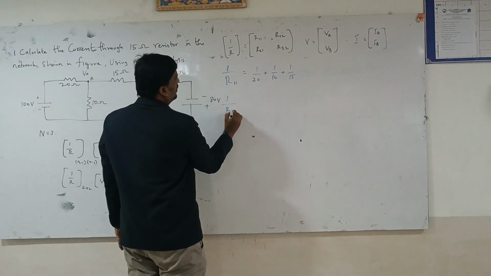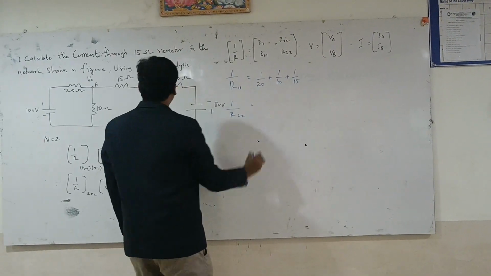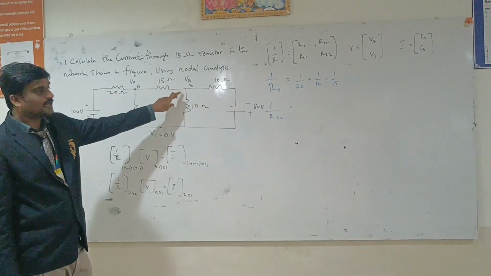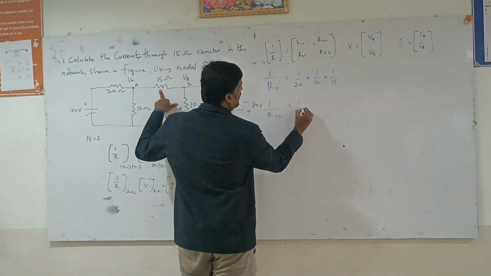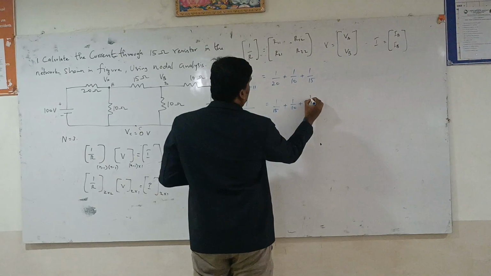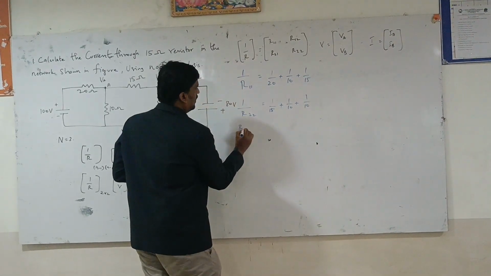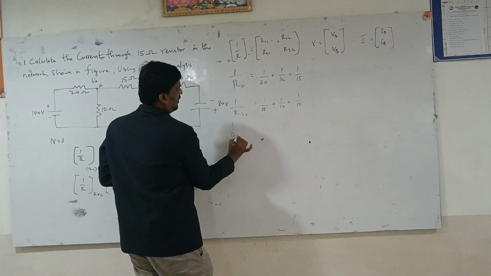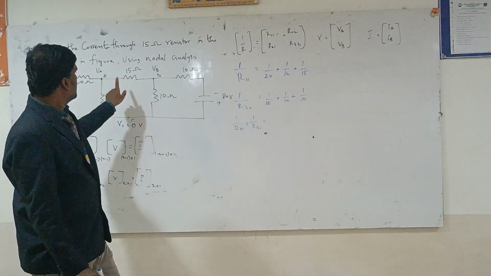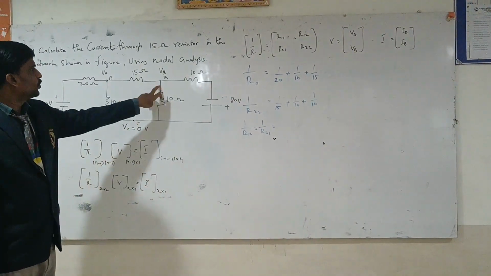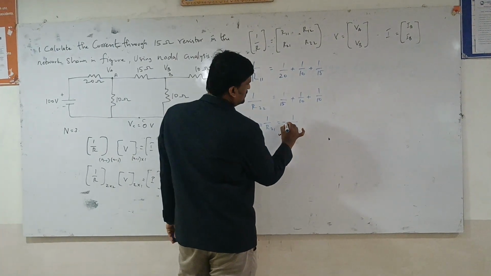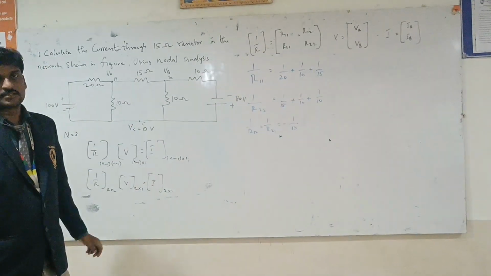Next let us find 1/R22. This is the second node, so it is the sum of the reciprocals of all the resistors connected to the second node. So it is 1/15 plus 1/10 plus 1/10. Next, 1/R12 will be equal to 1/R21. The resistor connected between the two nodes is 15, so we take it as 1/15, and this value, since it is connected between the two nodes, will always be taken as negative.